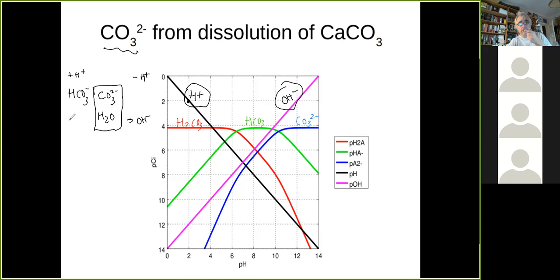And water can also attach a hydrogen ion, producing an oxonium ion, which is essentially what we mean when we type H plus, except that at least I am too lazy to write out all these long molecules.